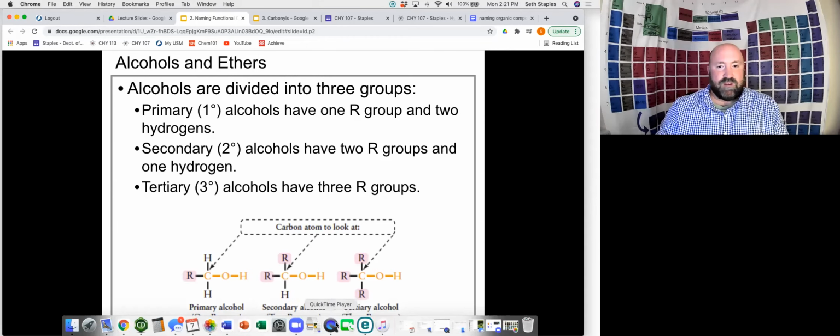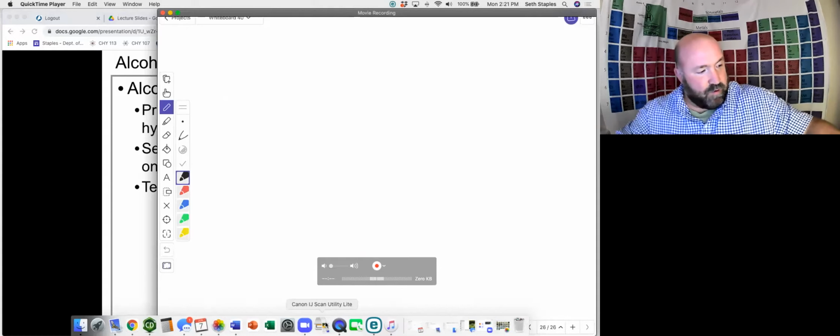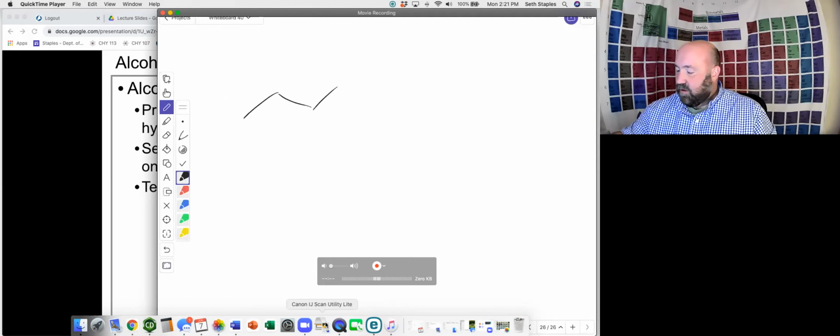Let's just look at a couple quick examples of that. And so if we have something like this compound here, this is a primary alcohol because our hydroxyl carbon, our carbon that's attached to our alcohol group, is only attached to one other carbon.